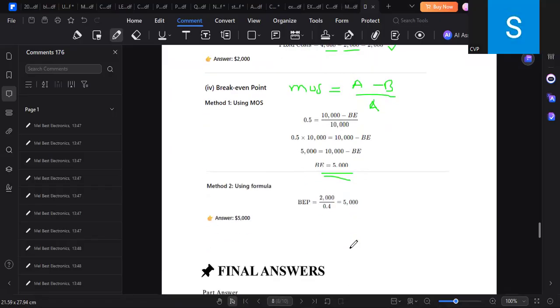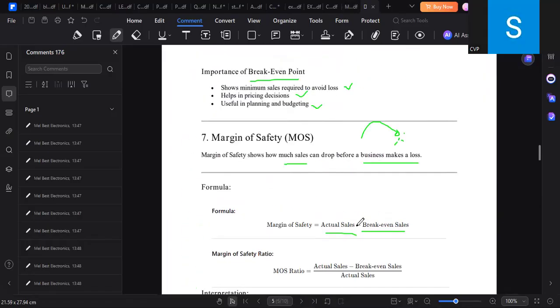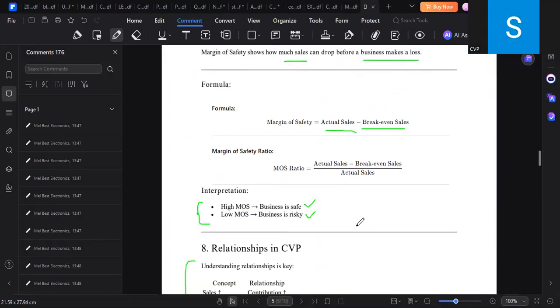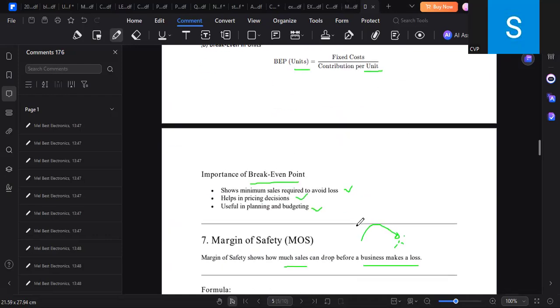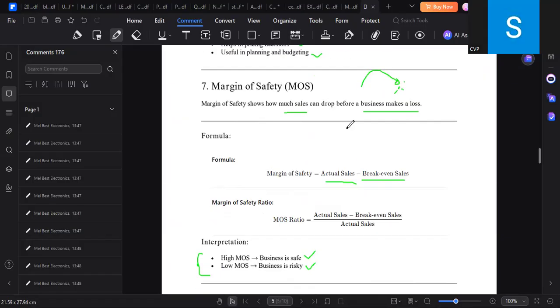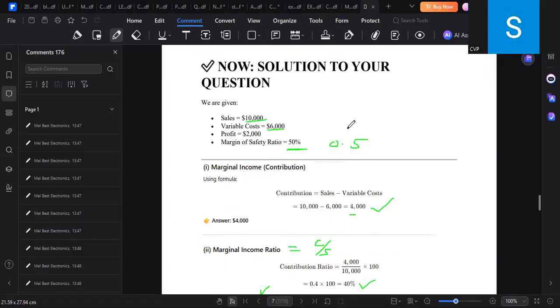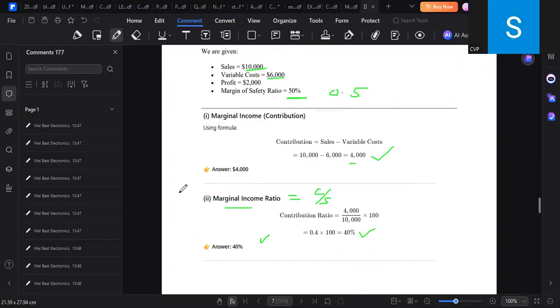Or you can use the other formula. You can use any of these ones here. Break-even in terms of sales is fixed cost over contribution ratio. Our contribution ratio is 0.4, the same as the marginal income ratio.